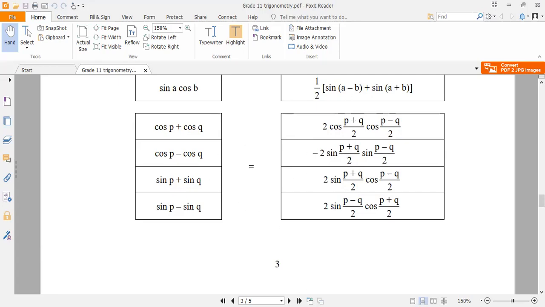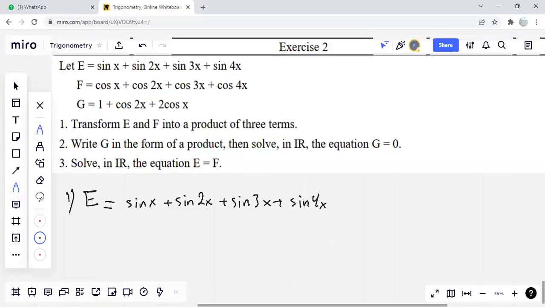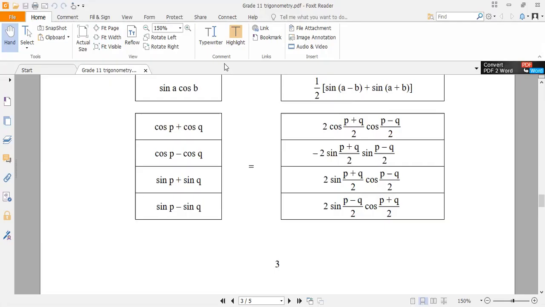Okay, so we have sine plus sine plus sine. We have sine added to each other. And most probably we will be using this one over here, sine p plus sine q equal to 2 sine of p plus q over 2 cosine of p minus q all over 2. But we'll also do a trick.